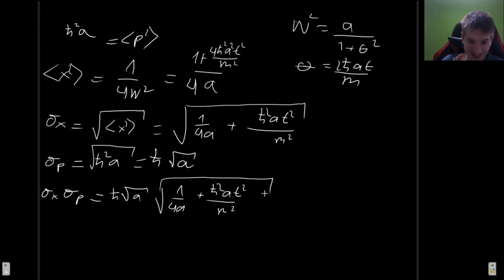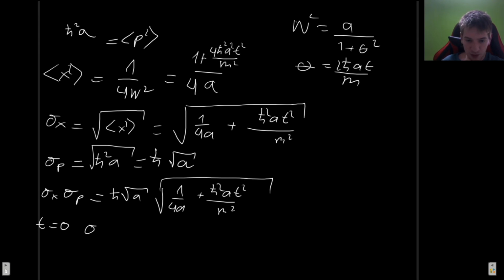So this is our result for the uncertainty principle. Now let us see what happens at t equals 0. When t is 0 at the initial time, this is going to be the smallest that this expression will ever be, because it's only going to be growing after. So if the uncertainty principle holds at t equals 0, then it will hold at any other time.